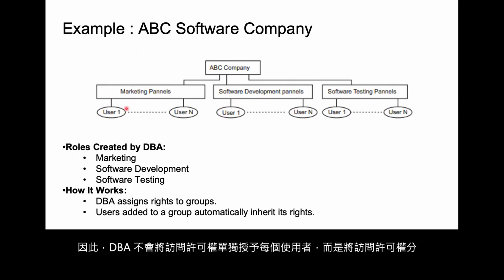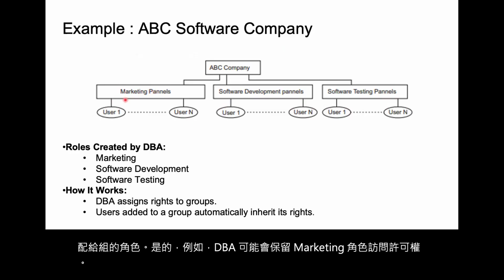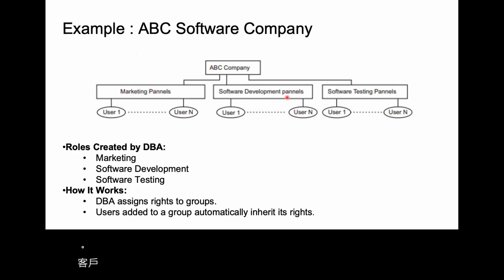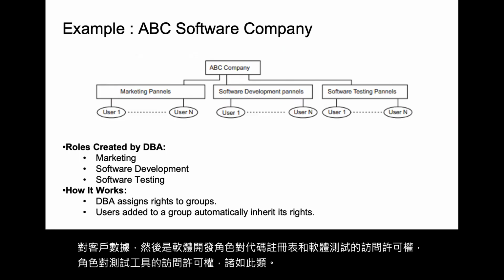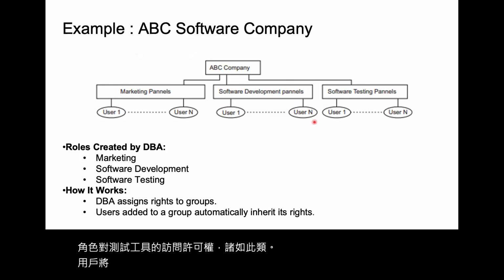For example, the DBA might give the marketing role access to customers' data, the software development role access to code repositories, and the software testing role access to testing tools, something like that. And a user who is added to a group automatically inherits its rights.